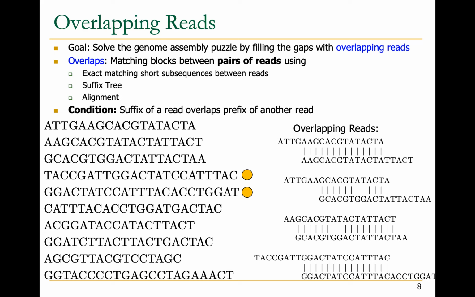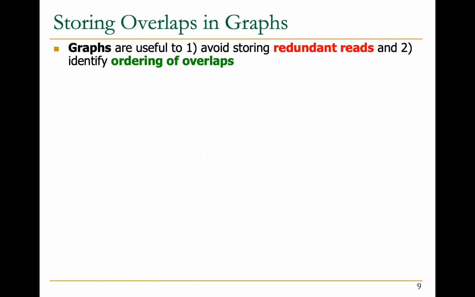So the question is, how can we store all this overlapping information so that we can use them all together to construct the genome assembly? For that, we use a data structure, a graph data structure, to store the overlaps.